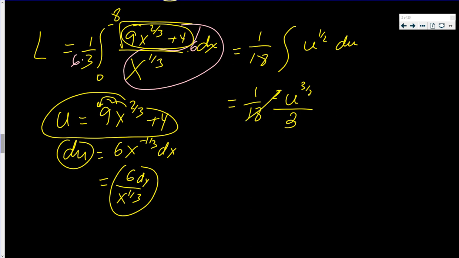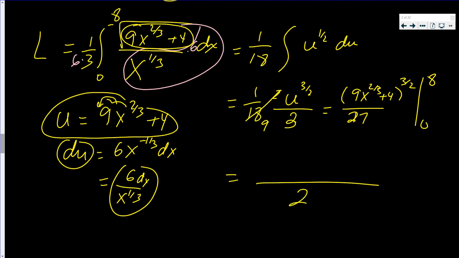2 goes into 18 9 times. So I have over 27 u to the 3/2. This time I'll substitute back. And u happens to be 9x to the 2/3 plus 4. And this was raised to the 3/2 from 0 to 8.